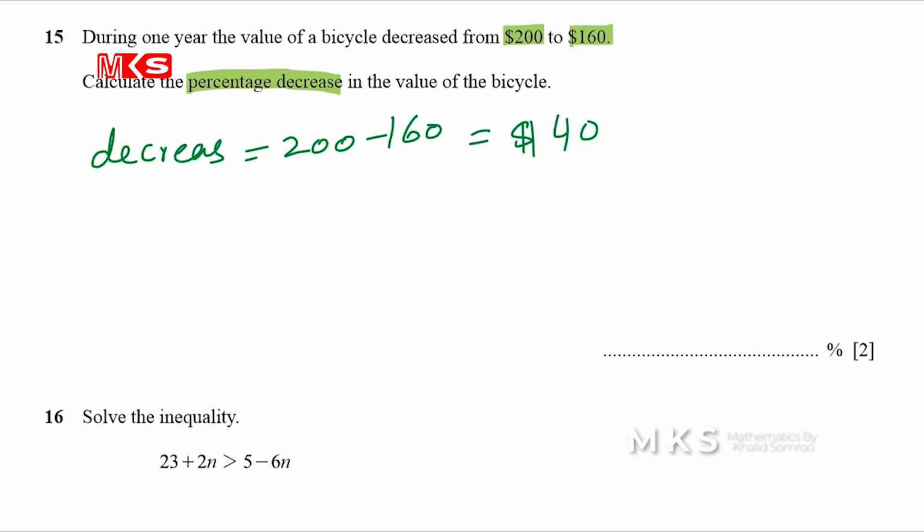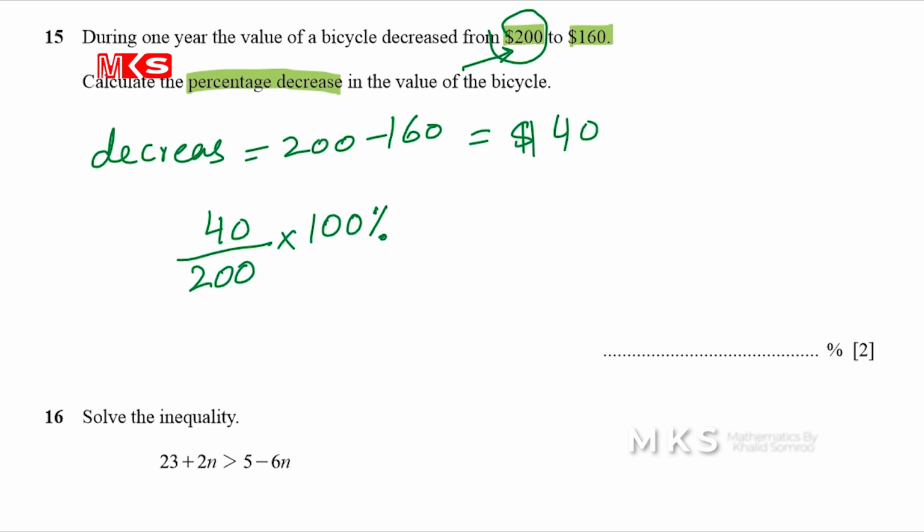To find the percentage, 40 divided by the actual price, not the changed one. We will use 200 because the actual price was 200. So we always use the actual price as the denominator. So 40 over 200 multiplied by 100%.